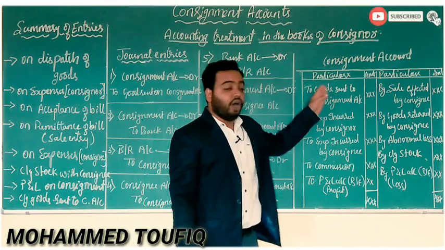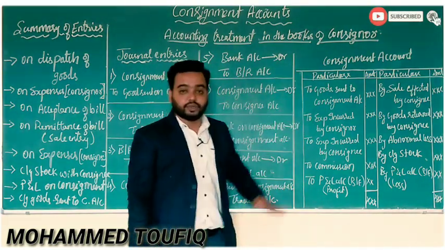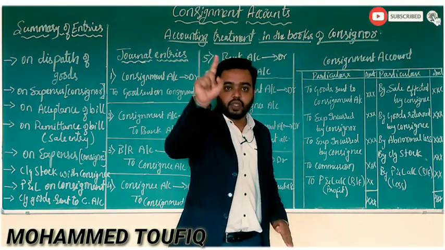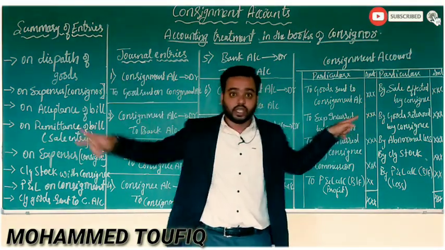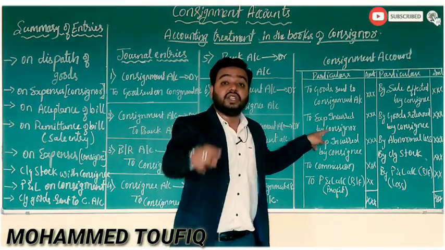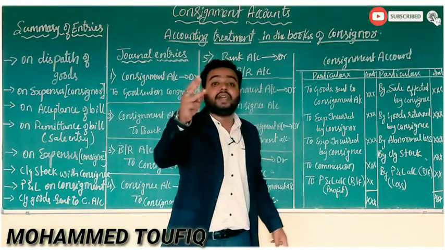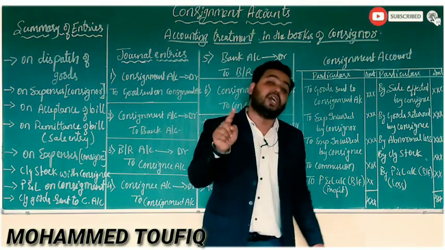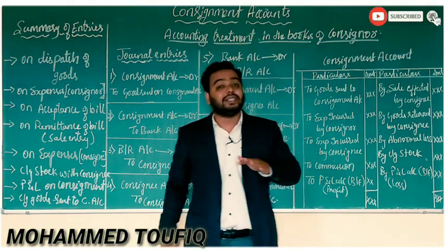In the debit side of this consignment account, you have to take 4 items. Keep this in your mind. One is goods sent on consignment, that is dispatch. Another is expenses incurred by the consignor, that is the second general entry. Another is expenses incurred by the consignee, and next is commission paid to consignee.